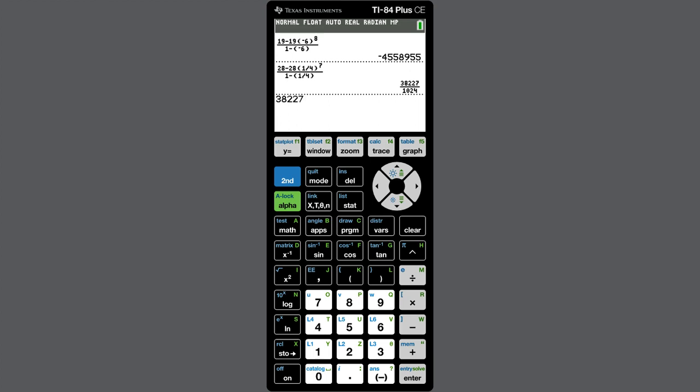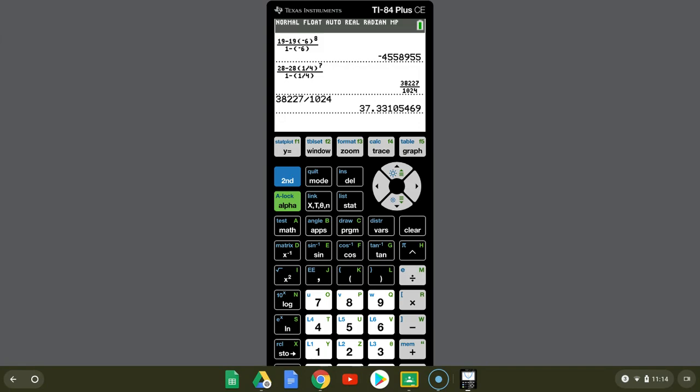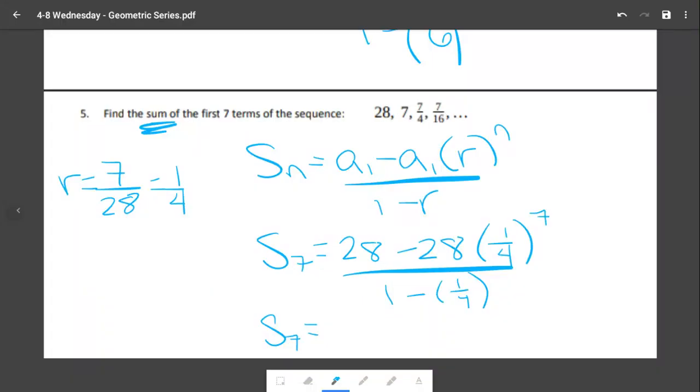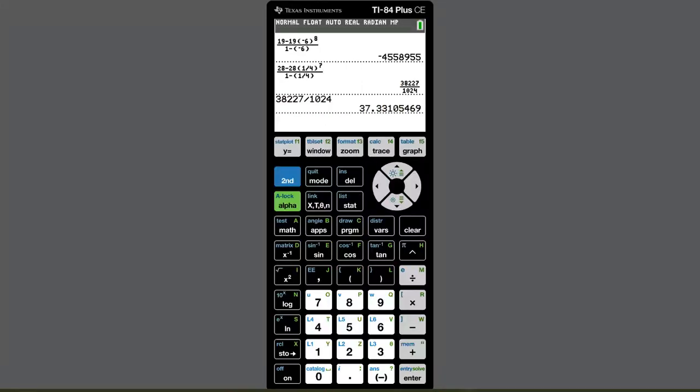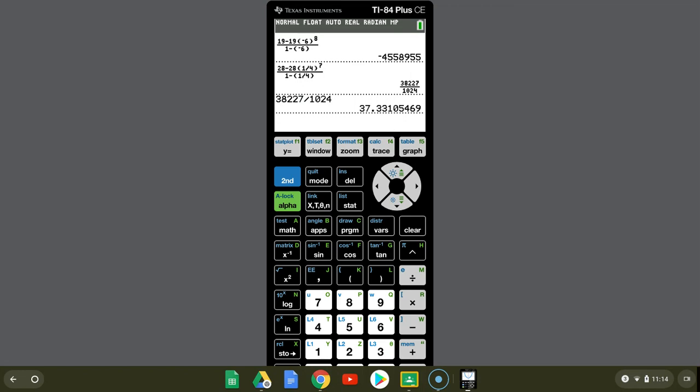If you did it a different way and you did not get a fraction and you got a decimal instead, there's the decimal, but this is not a nice decimal, so I would prefer the fraction. So we have 38,227 over 1,024.